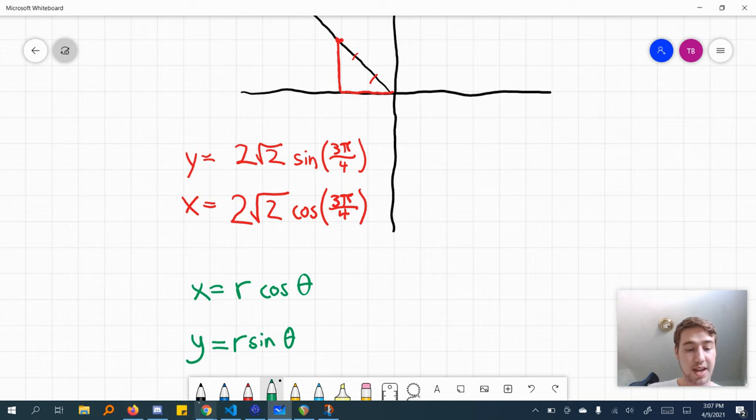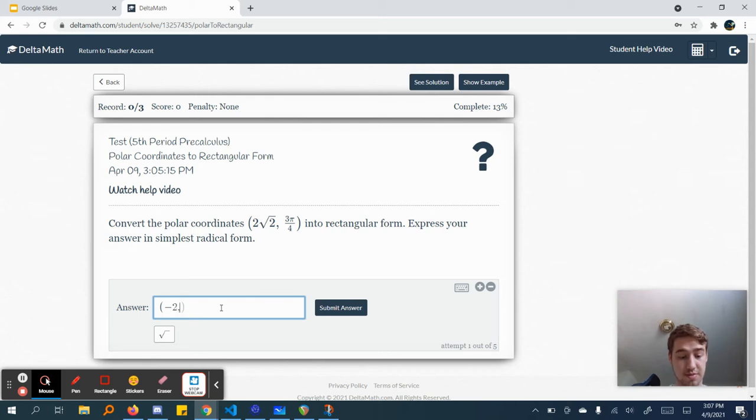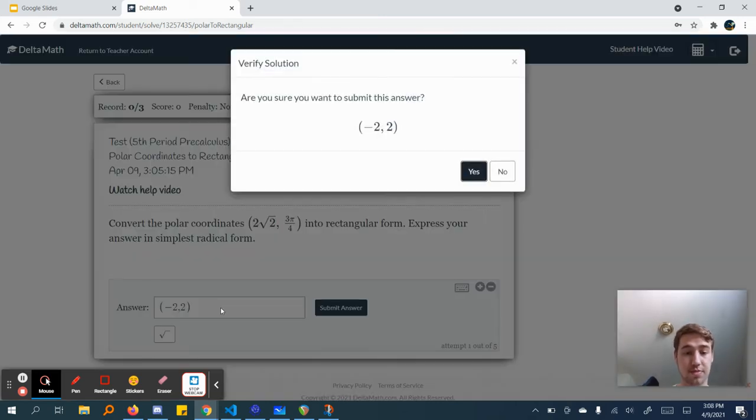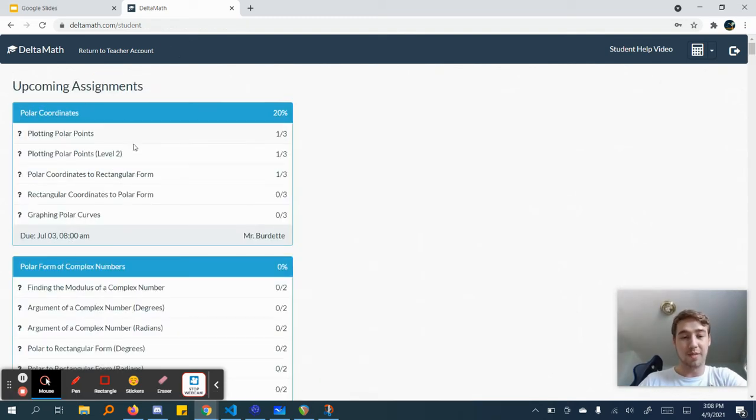So let's plot that right here: -2, 2. Perfect. So when you're going from polar to rectangular, you make the y value r sine theta and the x value r cosine theta, for the reasons that we went over, but I can explain it in more detail in class.